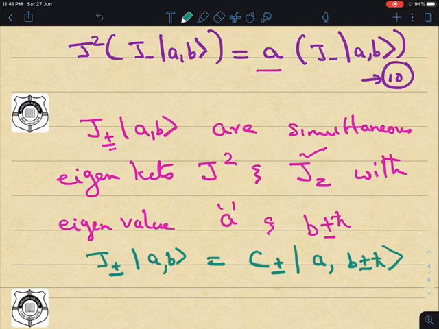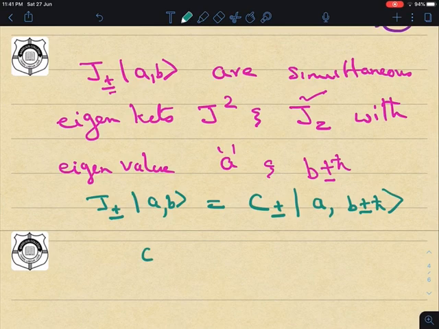So for J plus it is b plus h cross, and for J minus it is b minus h cross. This proportionality constant, C plus and C minus, will be determined in a later video from the normalization requirement of angular momentum eigenkets.